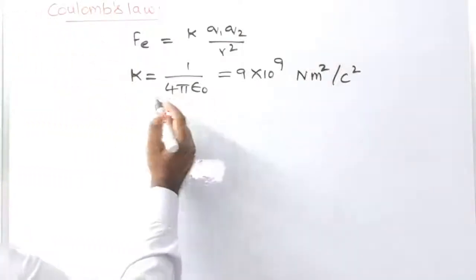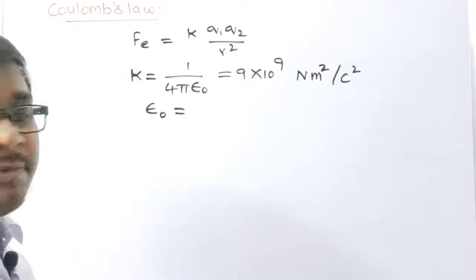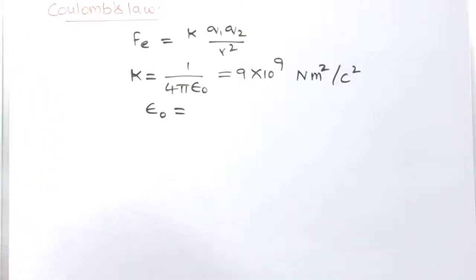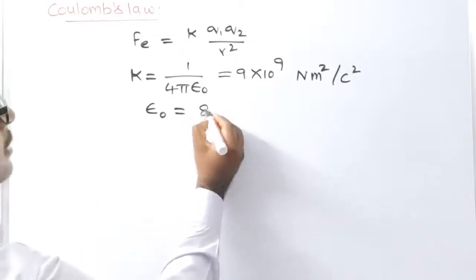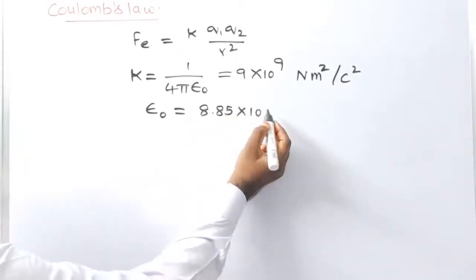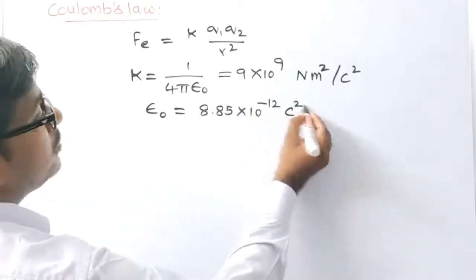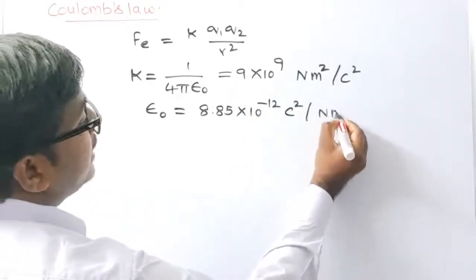Here epsilon naught is the permittivity of free space. Its value is 8.85 into 10 power minus 12 Coulomb square per Newton meter square.